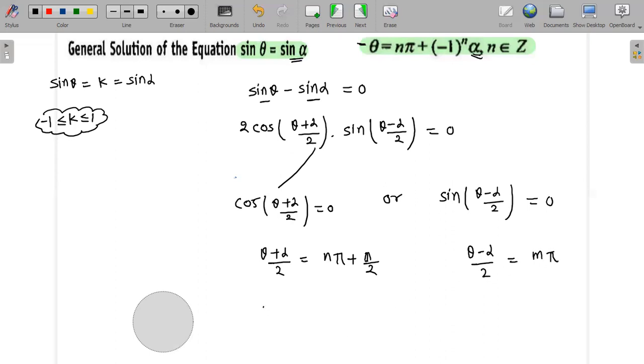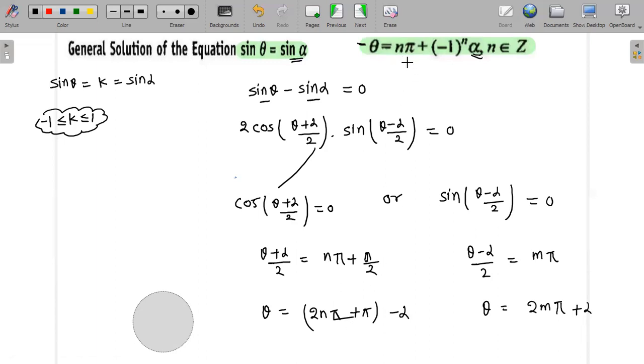Now let's look at the first expression. It gives theta equals odd multiple of pi minus alpha. Am I right? And from the second expression, I'm getting even multiple of pi plus alpha. Your m and n, which are arbitrary constants, can be any integral value.